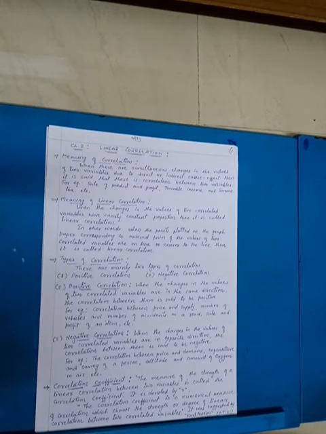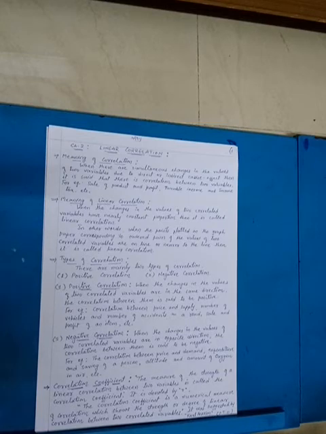Similarly, another example is the number of vehicles and number of accidents on a road. If the number of vehicles increases, the number of road accidents also increases, right? That is how we can define positive correlation.